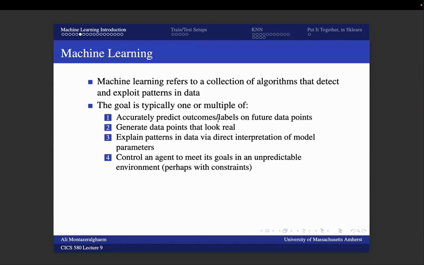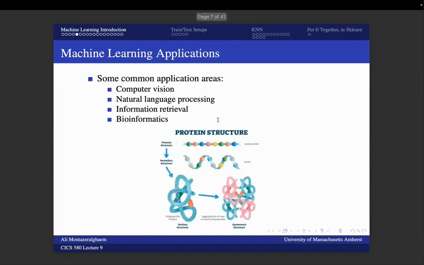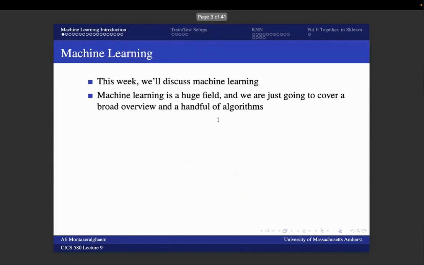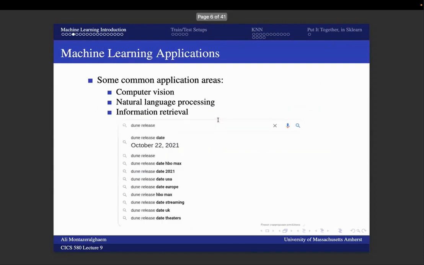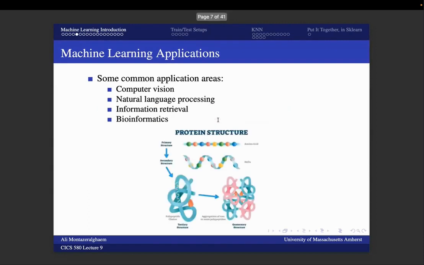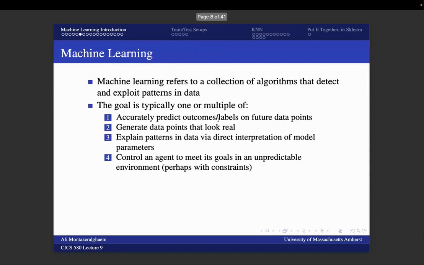This means that we are getting some features from training data and we want to predict the labels or the outcome. For example, in classification, we are predicting a label for this image. So most of the applications and tasks that I mentioned are from the first category, where we want to accurately predict a label for the data.